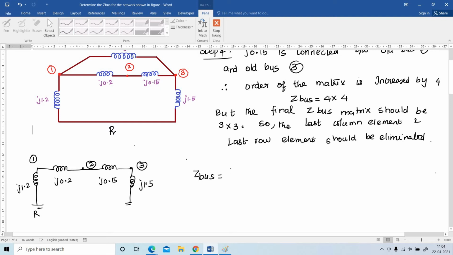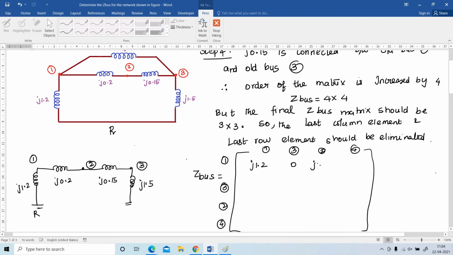So Z bus equals, here write 1, 3, 2 and the last one is 4. The same matrix you have to write again: J1.2, 0, J1.2, 0, J1.5, 0, J1.2, 0, J1.4.